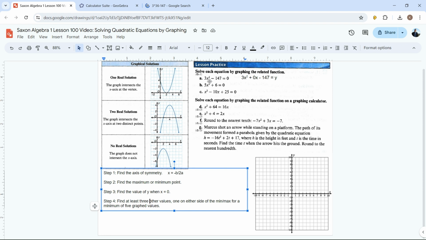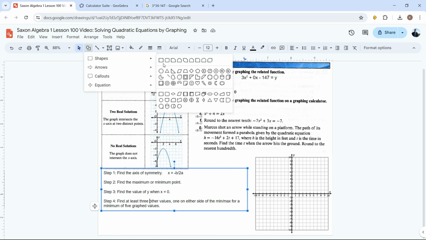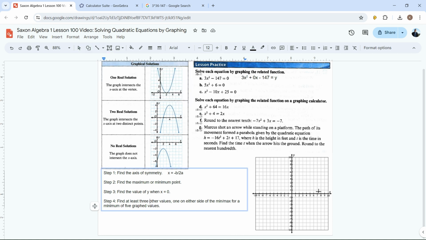What's going to happen at 7? 3 times 7 squared. 7 squared is 49. 3 times 49 is 147. I found my 0 just by trying. Okay, so here's my recommendation for this one. Just by trying to find my points, I figured out my 0 on the positive side is going to be (7, 0).